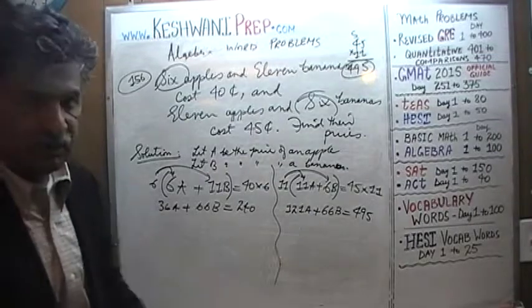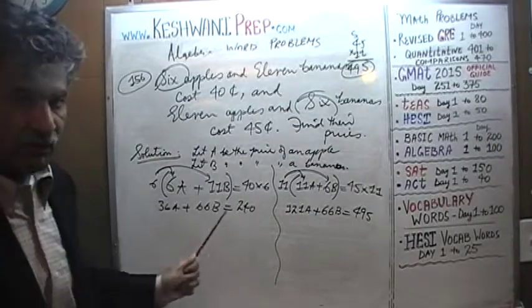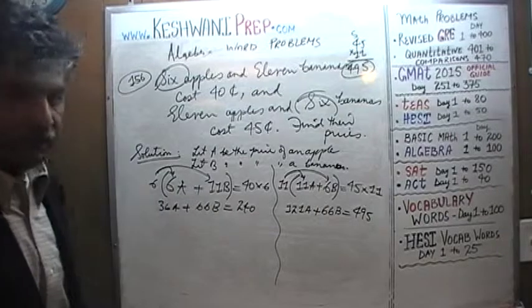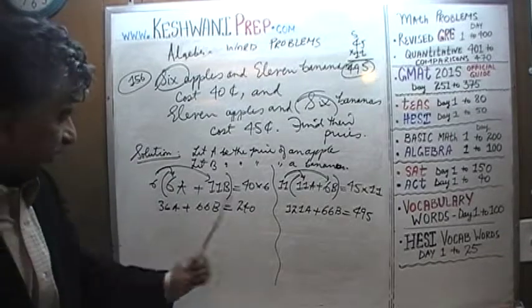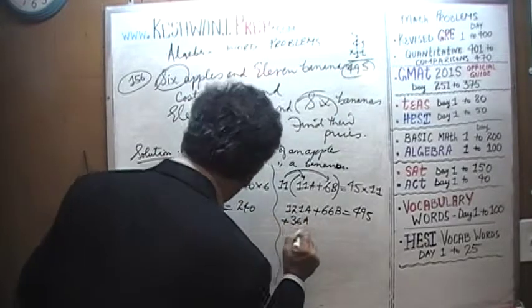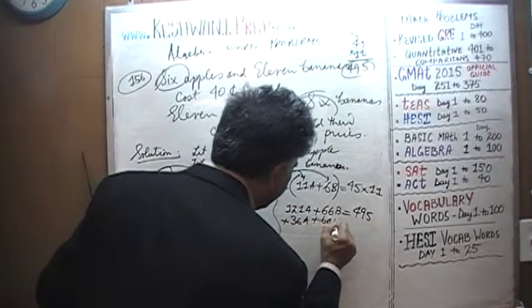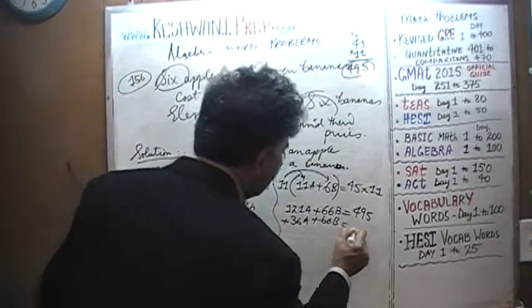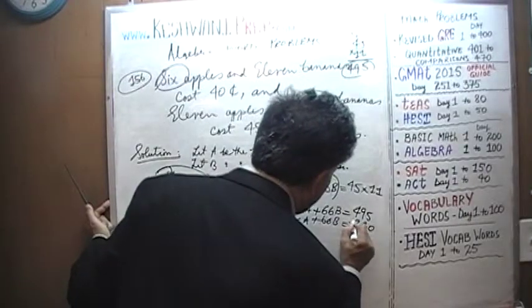66B, 66B. So if you subtract one equation from the other, we can get rid of the 66B. Let's put this equation at the bottom here. So we have positive 36A plus 66B equals 240. It has a positive sign in front of it.